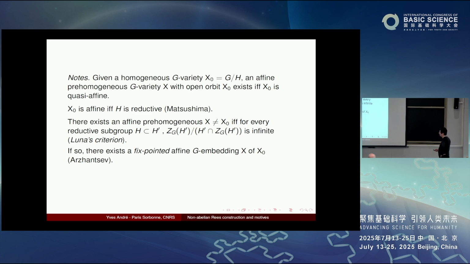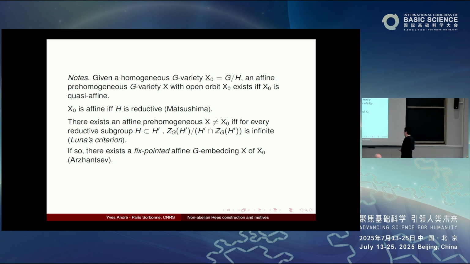This is a deep criterion due to Luna, which will re-enter the picture at the end of the talk. This is a bit technical, but it's important to see it in the positive sense: if there exists some reductive subgroup H' of H so that this quotient is finite, then X should be X naught, so there is no other affine embedding.